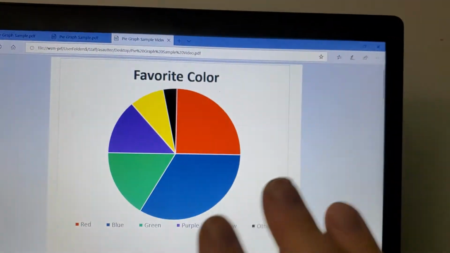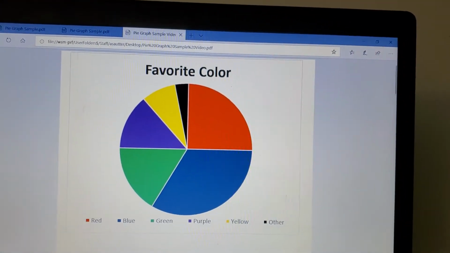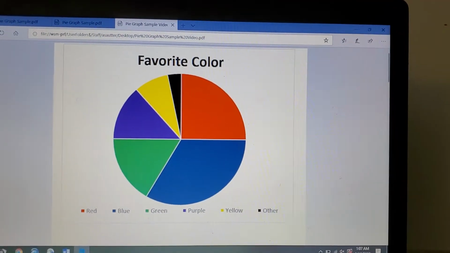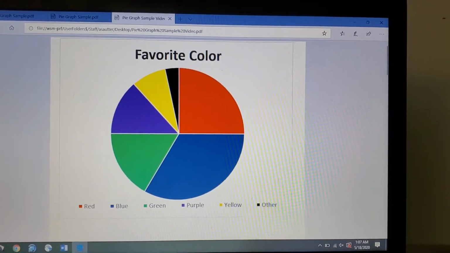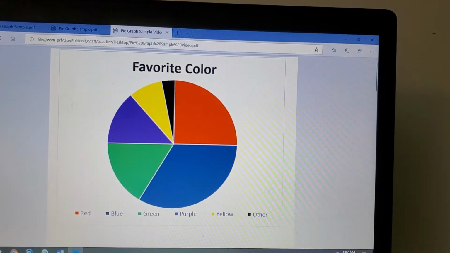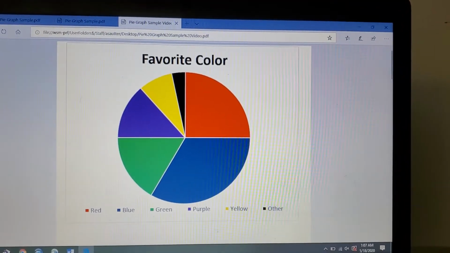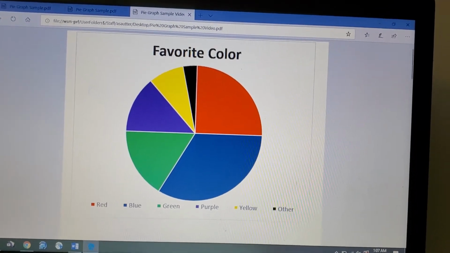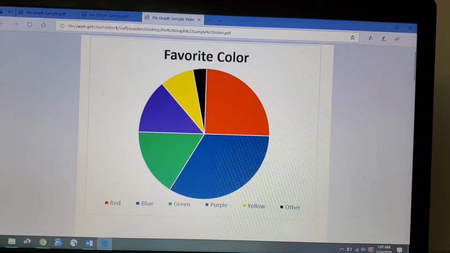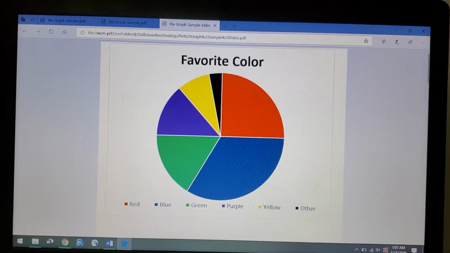This whole complete circle represents all the people answering the question. I'll say that again. The whole complete circle represents all the people answering the question. So it represents 100% of the people surveyed.